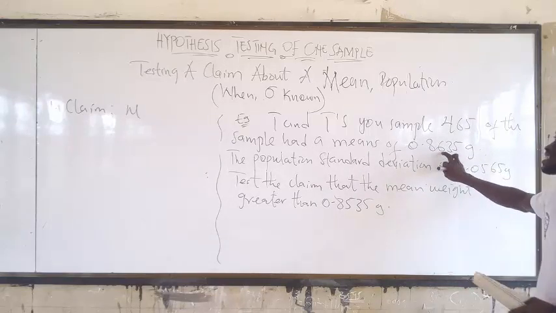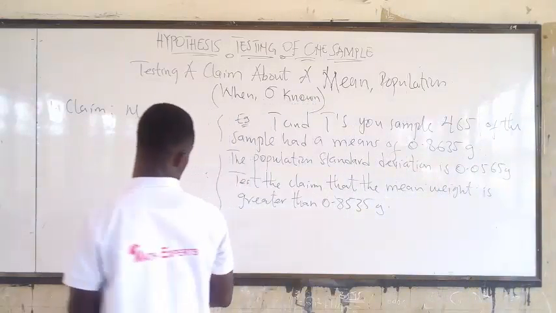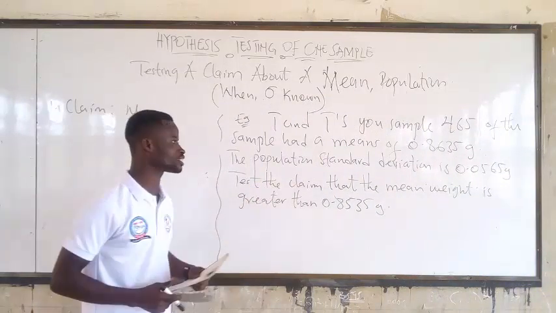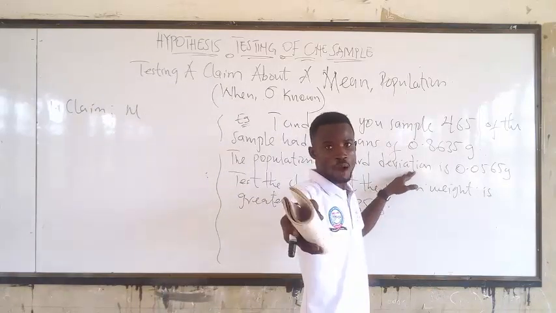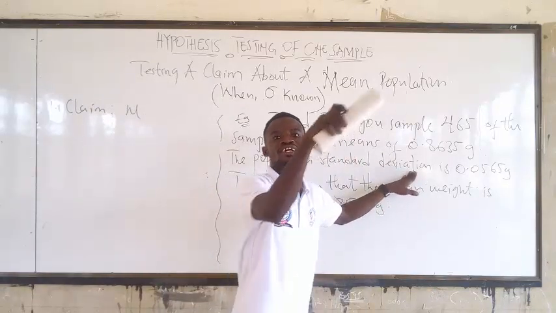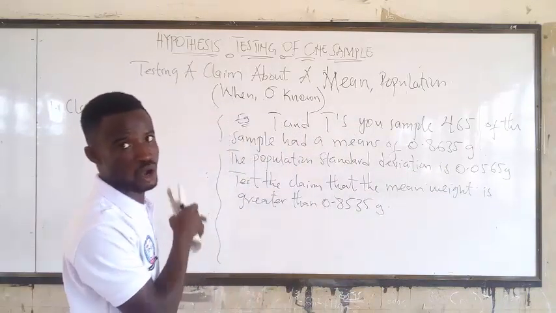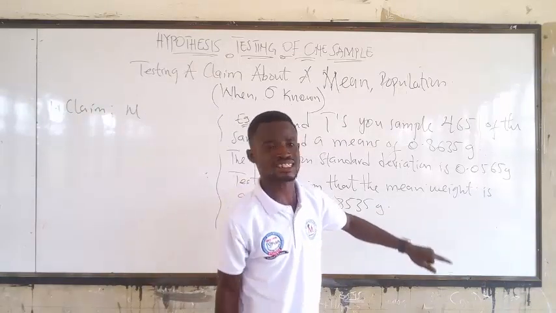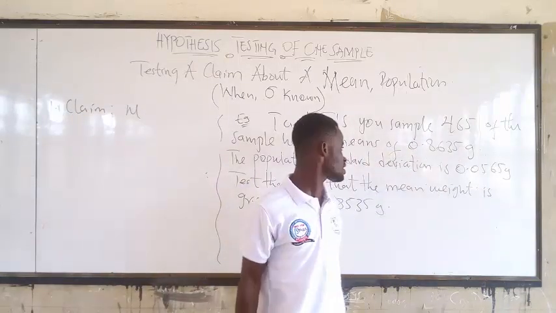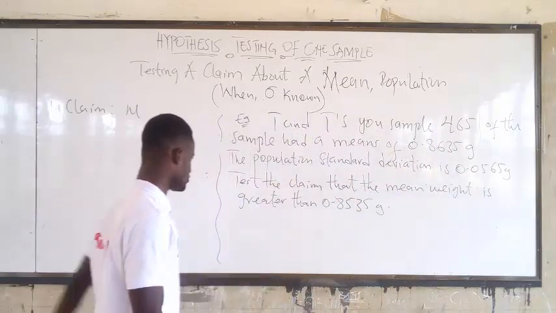So this is the one, the mean. You know that first of all, that is your mean, so you put it somewhere. The population standard deviation, I hope you can see that. That will let you know the test statistic you are going for. And also you can see that your n is greater than 30. Let's move on.